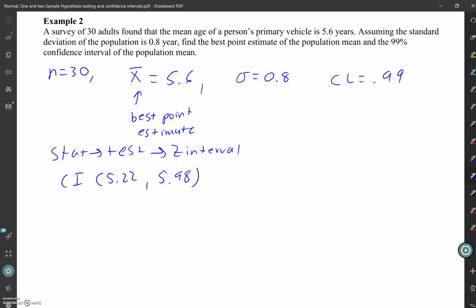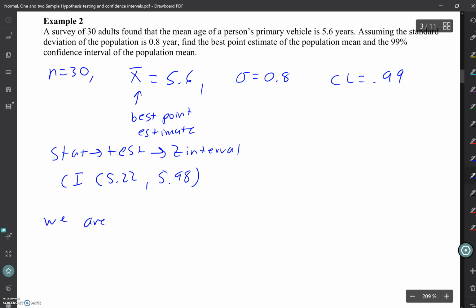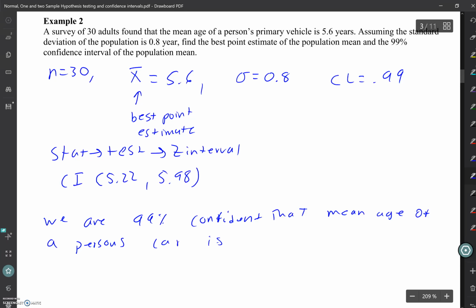We are 99% confident in this case that this time we're looking at the mean age of a car is between 5.22 and 5.98 years old.